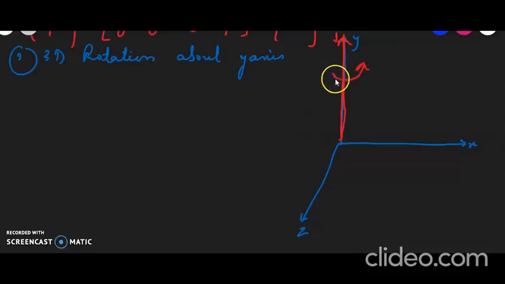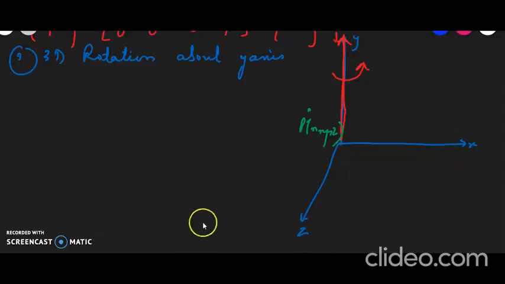Okay, so if this is my anti-clockwise direction, any point P (X, Y, Z) on any 3D coordinate system will move on this side, right? So what will change? My y will not change. What is going to change? My z and x are going to change.